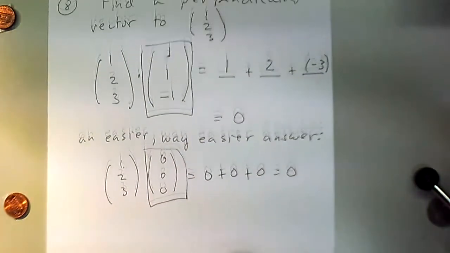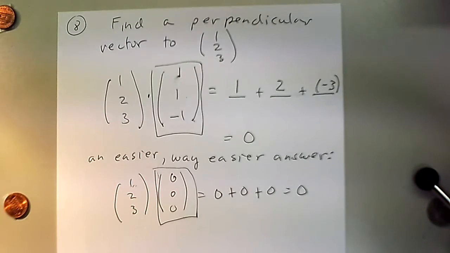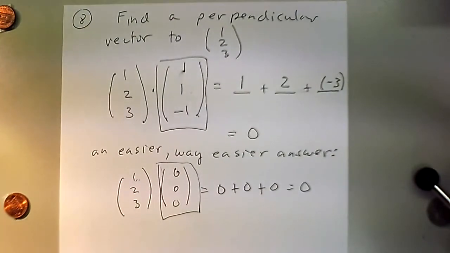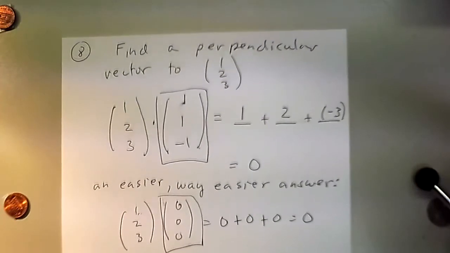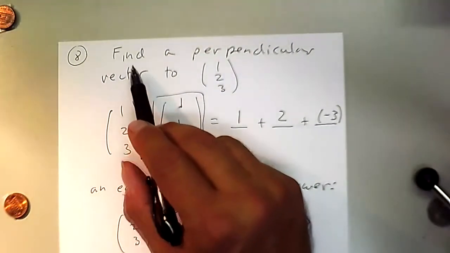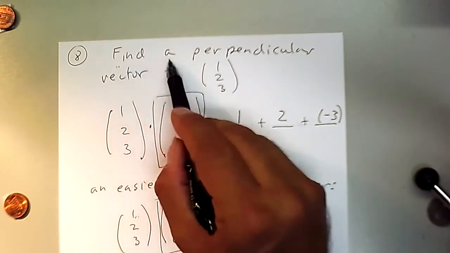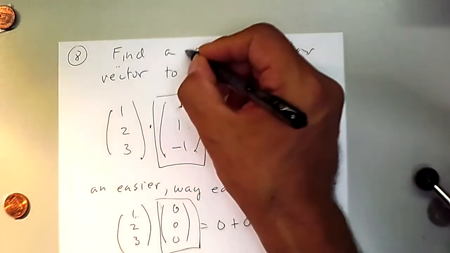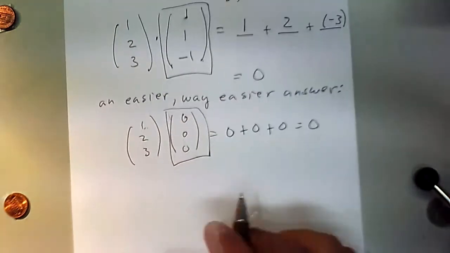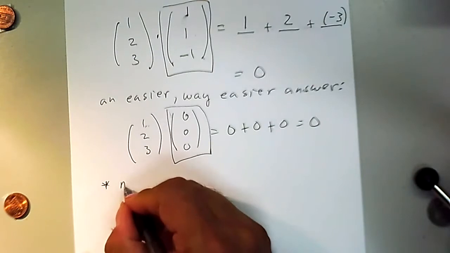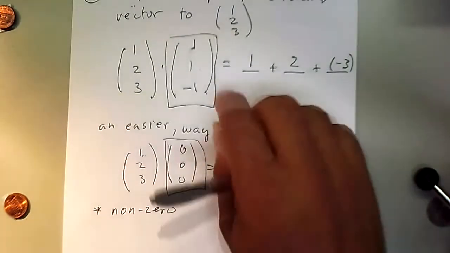But teachers are not so absent-minded as not to know that that could be an answer. So the way we fix that is, when we ask the question, oftentimes we say find a non-zero vector that is perpendicular.